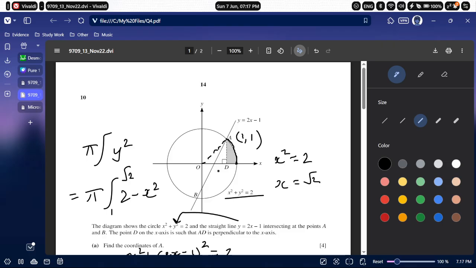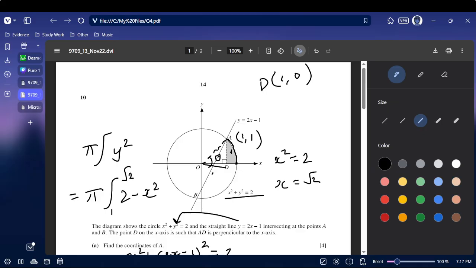So wait, hold on. D is basically 1 comma 0, right? So this thing over here, OD is the length 1, and then AD is the length 1. So if you were to find out theta, that's just opposite over adjacent. So you just do tan theta is 1, and that gives you your theta value, right?